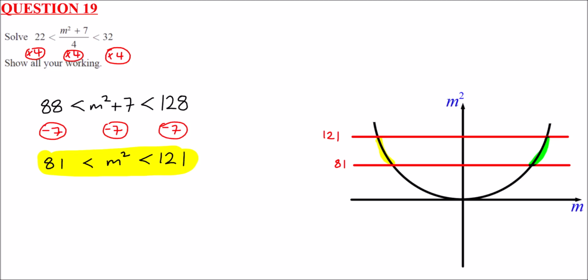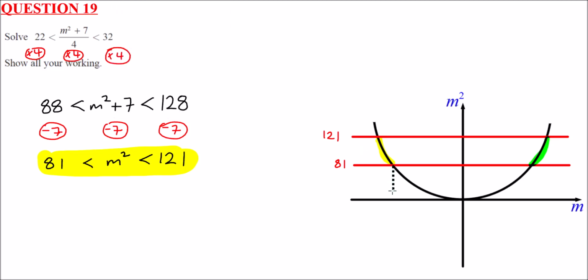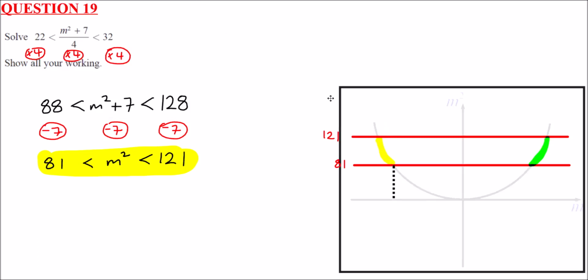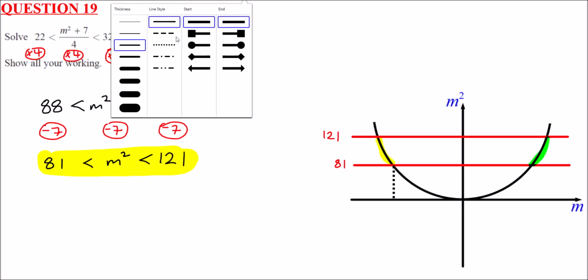So from here we can picture it now. I want to work out this value of m. Whoops, that is not a straight line, that would bug me. If it bugs you, I totally understand. And this one here, I need to work this out too. Whoops, making a mess of this.